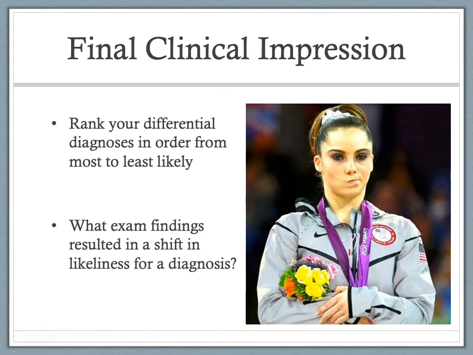Second for me was upper trapezius strain. While it's obvious that she has some upper trapezius tightness and guarding, I'm not comfortable saying right now that that is her primary source of pain.